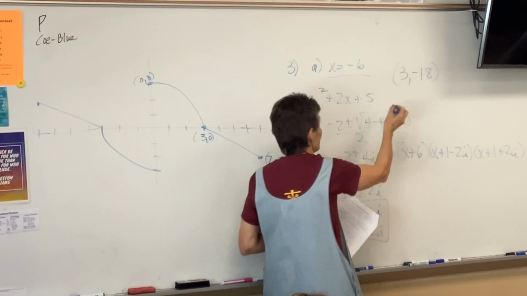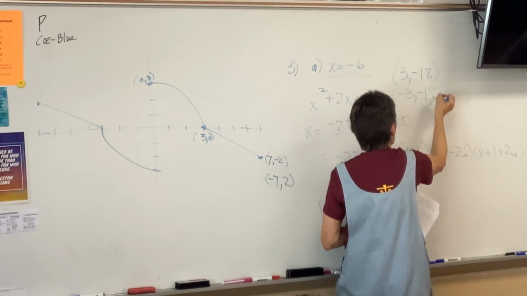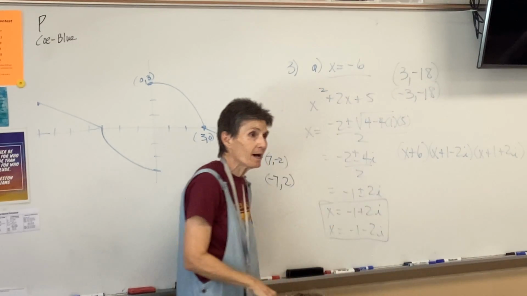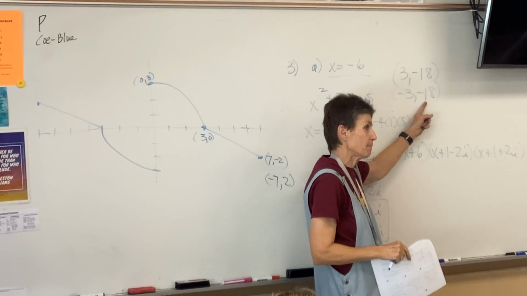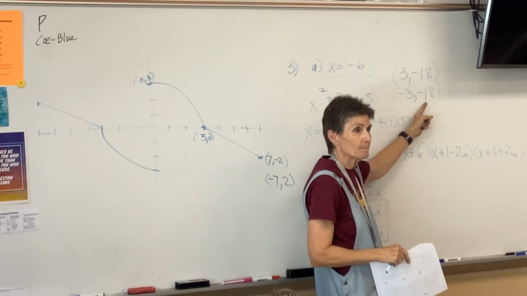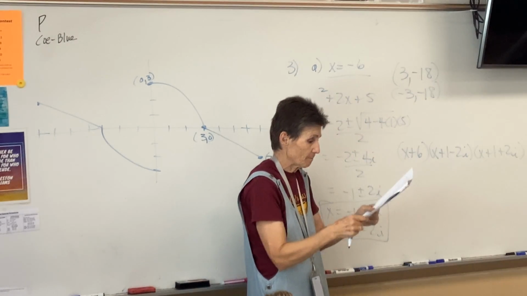Charlie? Negative 3, negative 18. Very good. Because what does even mean, guys? Change the sign on X and nothing happens to Y. Very good.